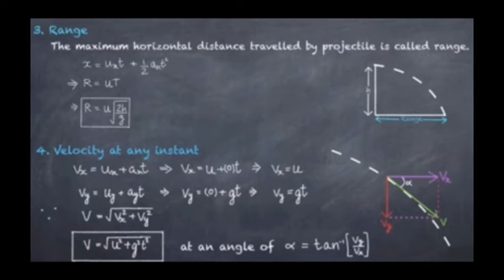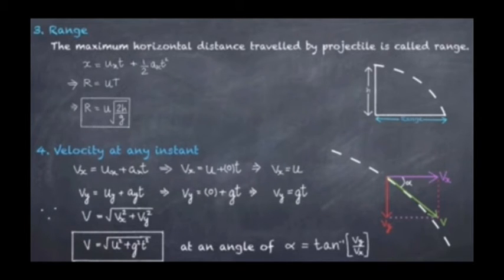Then the horizontal distance traveled by the projectile at a time t can be written as x is equal to u of x into t plus half a into t square.